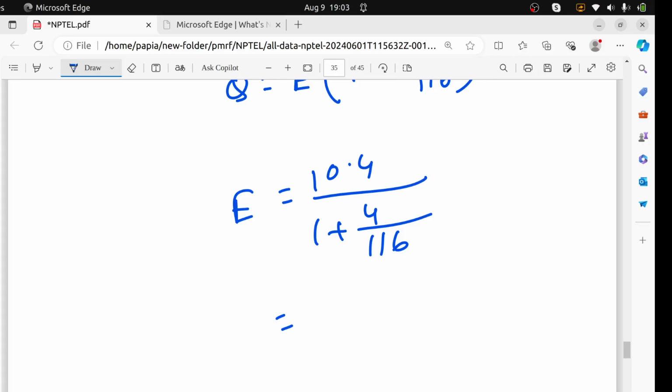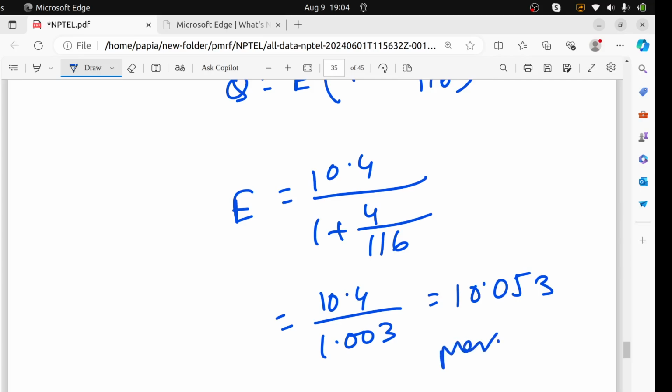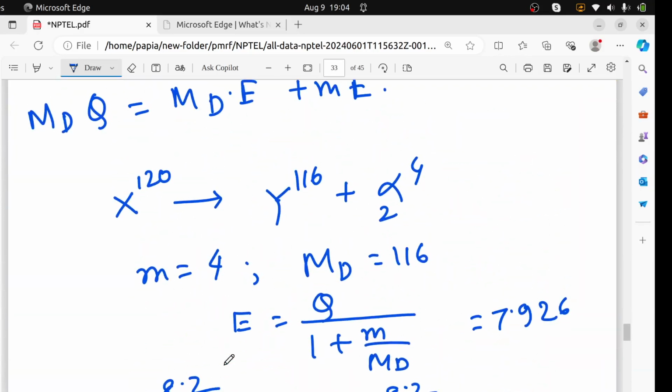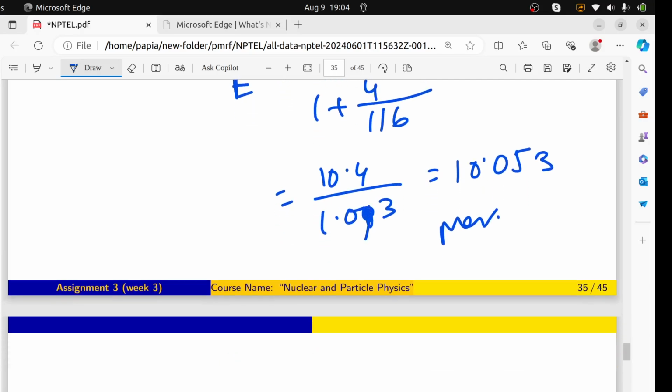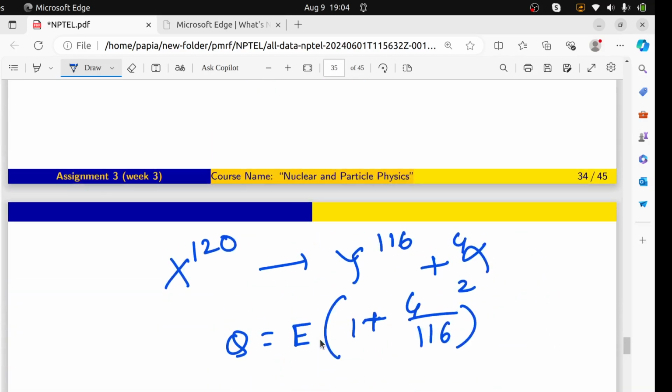So the kinetic energy will be 10.4 divided by that answer, something like 10.053 MeV, with 4 divided by 116 being 0.0344. So 10.053 MeV is the kinetic energy of the alpha particle for this question.